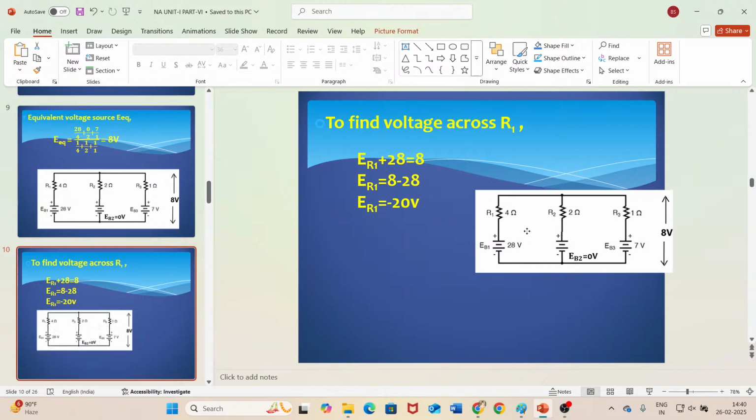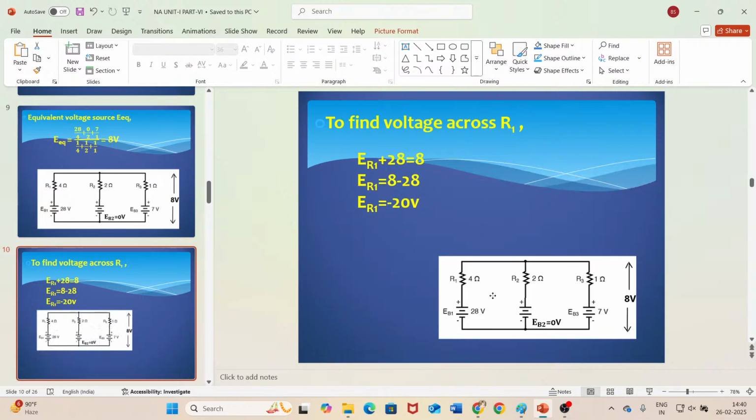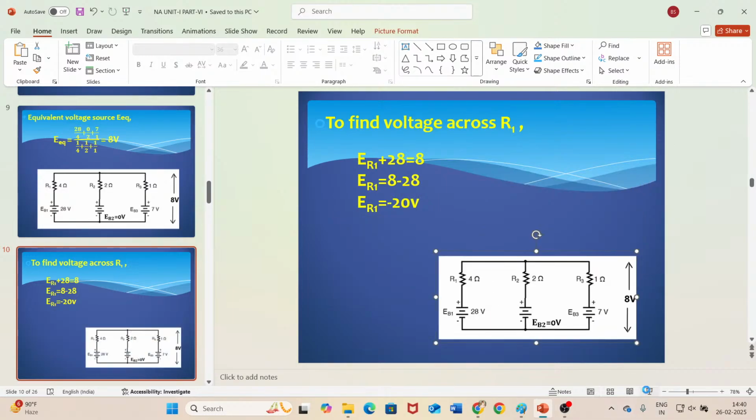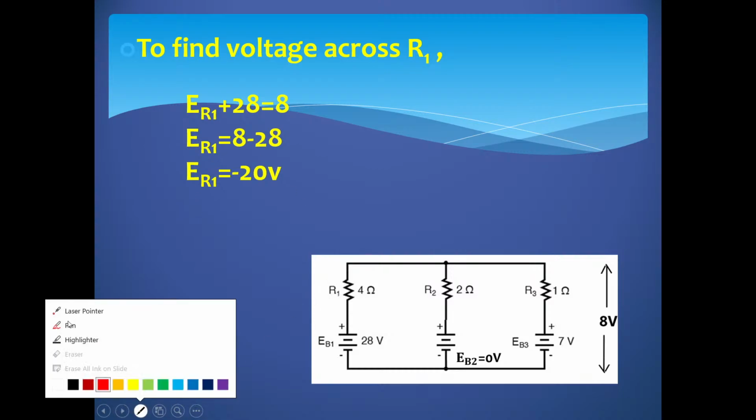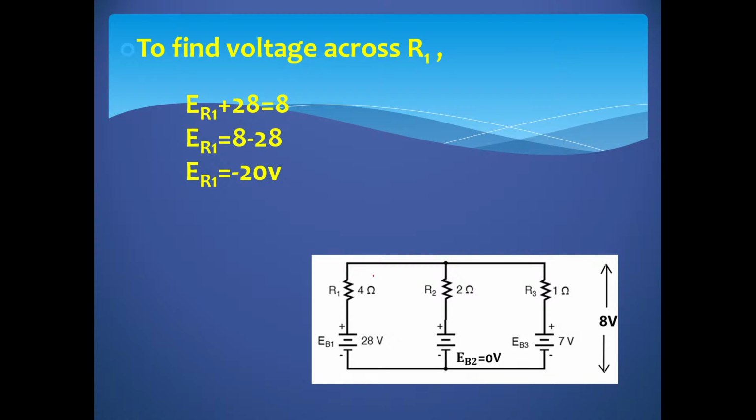Now let us determine the voltage across R1. This is our R1. I have simply copied from the previous slide to explain how to determine the voltage across R1. What is the resistance? R1 value is 4 ohms.